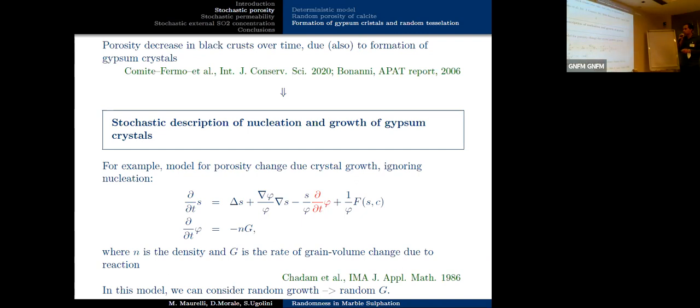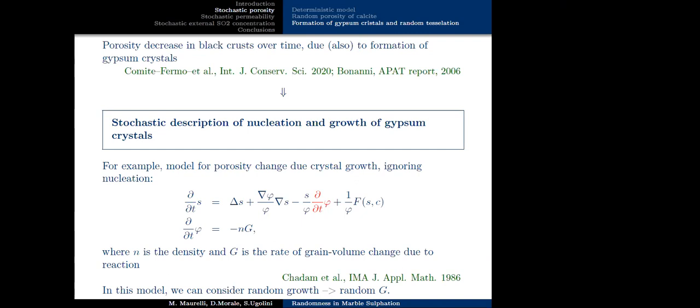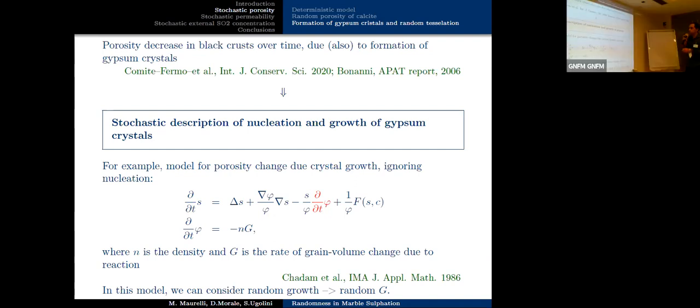We could actually go a bit further and say, okay, we definitely observed, and I've just put here two papers which report that, but I think it is well known that the porosity decreases also due to the formation of gypsum crystals.